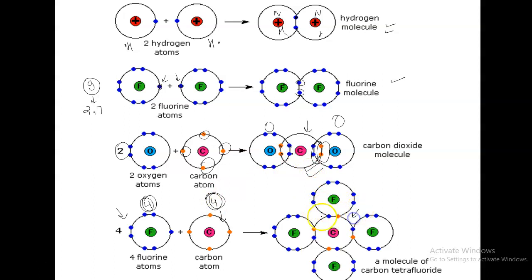So carbon is placed in between the 4 atoms, and the carbon is surrounded by 4 fluorine atoms. 1, 2, 3, 4, and each fluorine only needs 1 electron, and carbon needs 4 electrons. Here it is 1, 1. So this type. So now this way the molecule is formed.